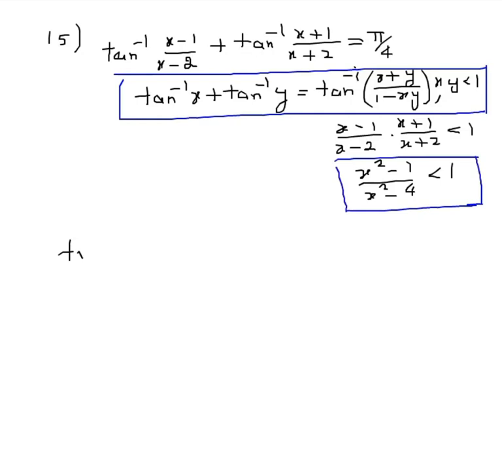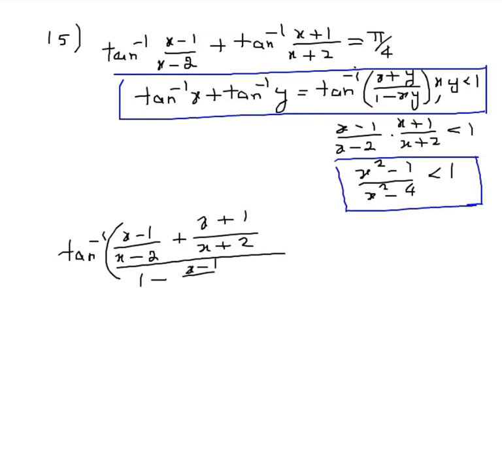Let us use this formula. So tan inverse of x minus 1 by x minus 2 plus x plus 1 by x plus 2 divided by 1 minus x minus 1 by x minus 2 into x plus 1 by x plus 2 equal to pi by 4.